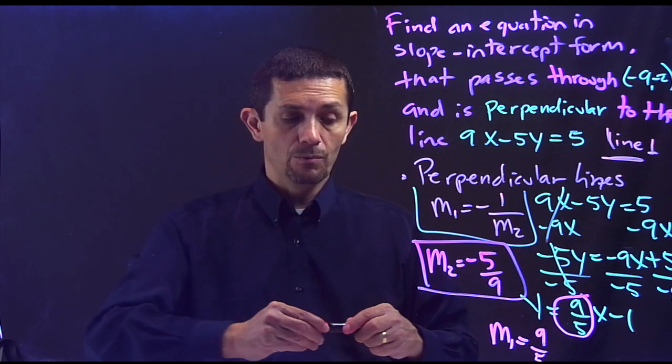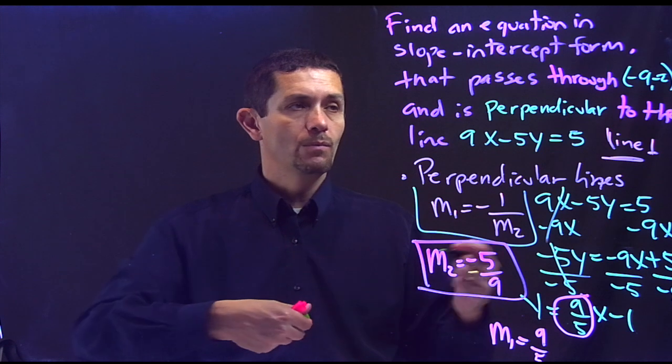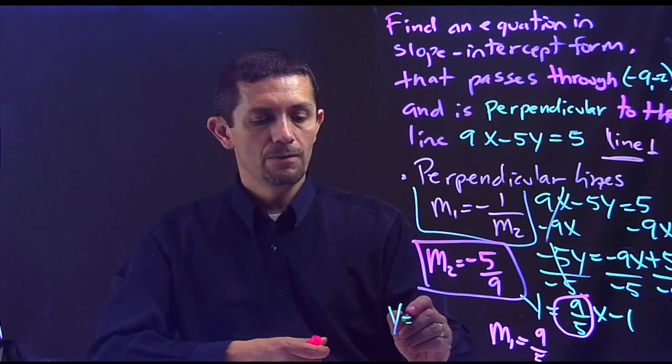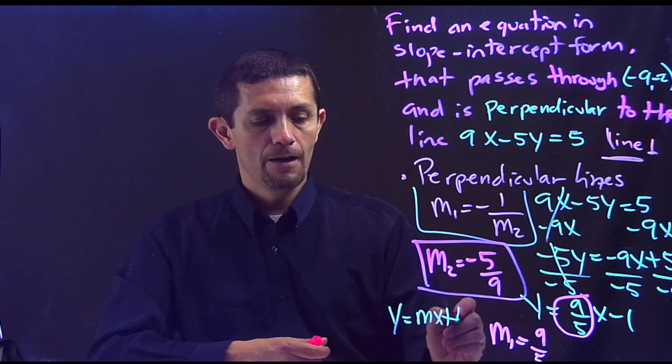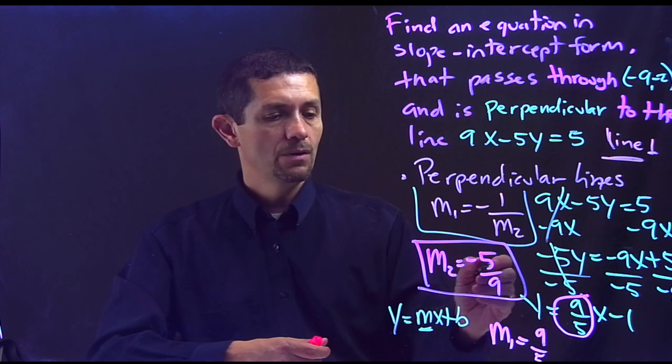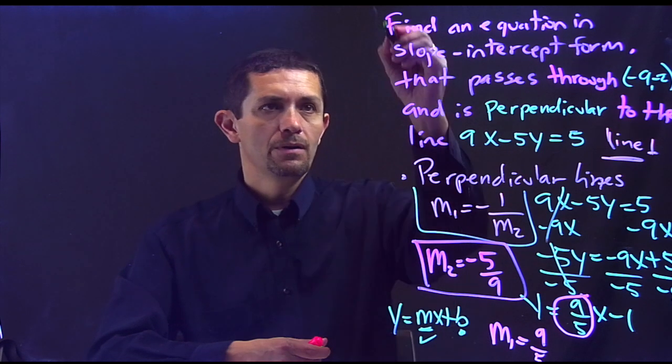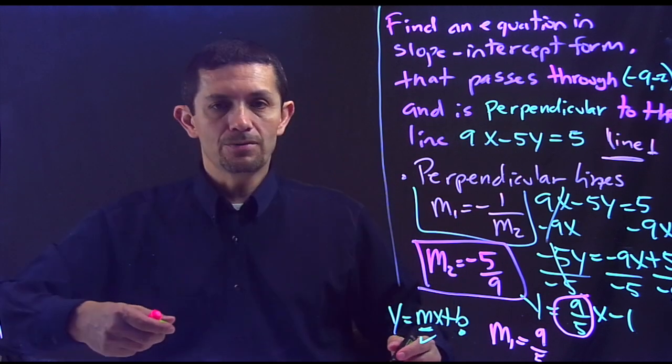Let's go back. If you remember, when writing the equation in slope-intercept form, I said I need two things. I need the slope, which I have right now. Now I need to find the b, which is the y-intercept.